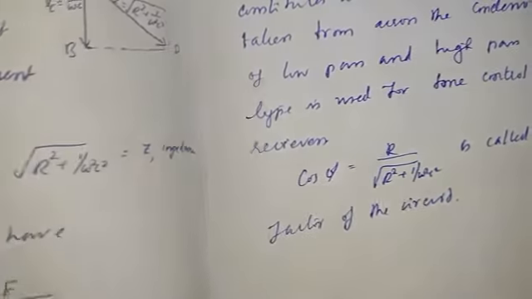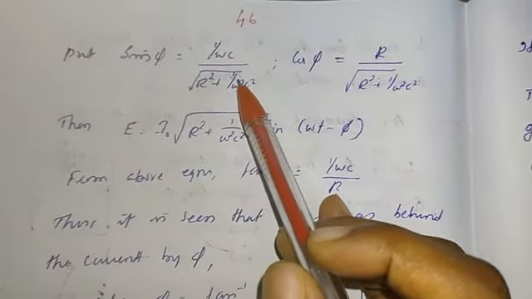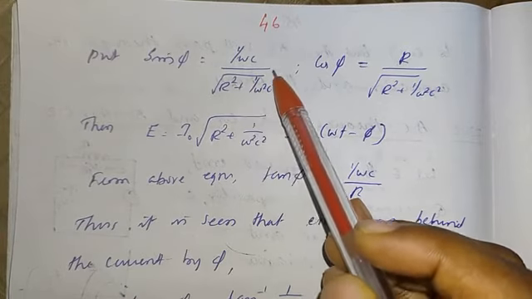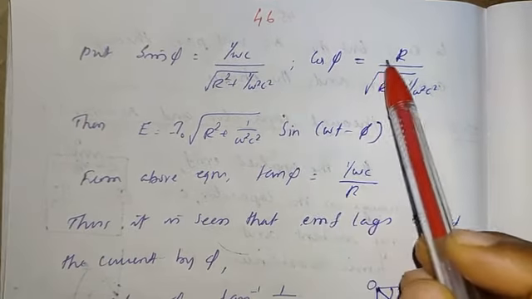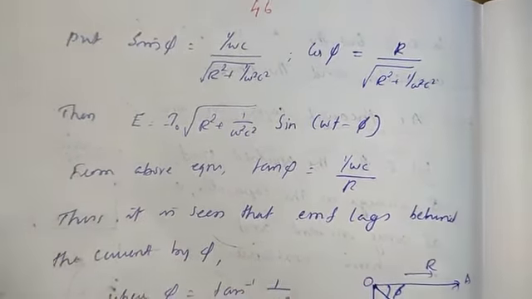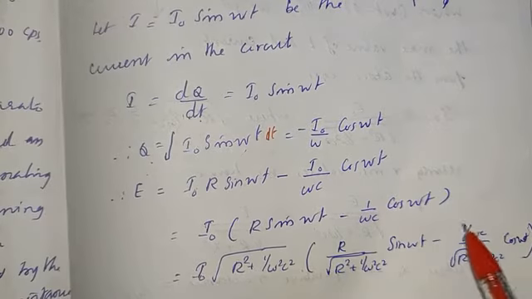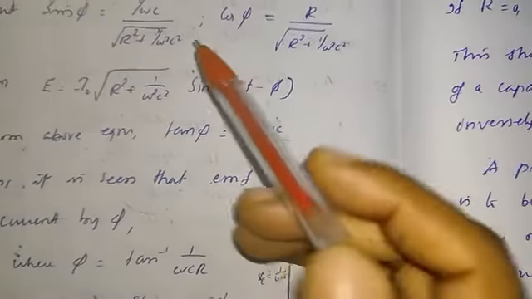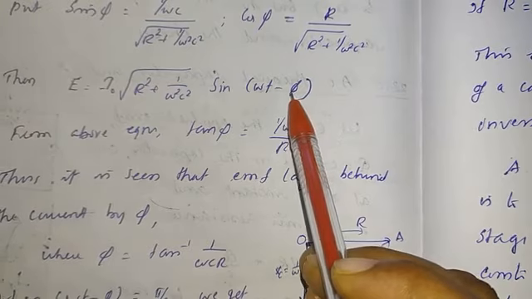In the next step, we put sin phi as 1 by omega C into the square root of R square plus 1 by omega square C square, and cos phi as this, substituting for this term and this term. Then this equation will be of the form sin omega t minus phi.